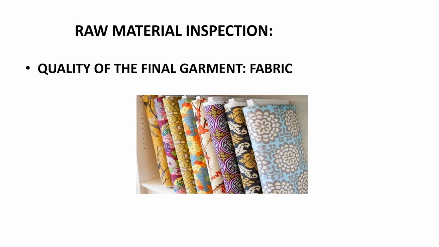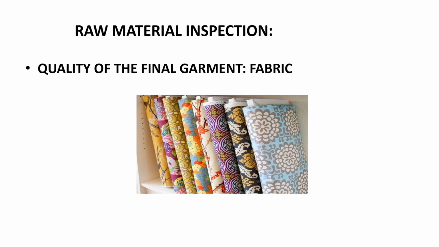Such raw material inspection is normally carried out on some inspection machine under a specified light. There are certain procedures by which the defects are counted and marked, and penalty points are assigned to them. Based on the total penalty points, we decide whether the roll is acceptable or not acceptable.